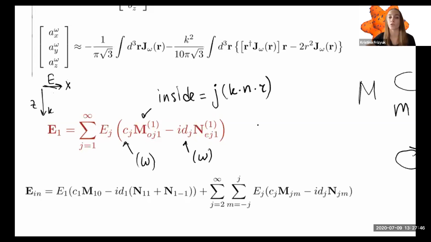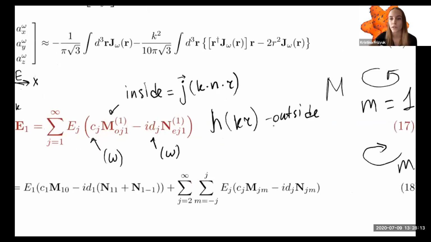And for the scattered field, we should put spherical Hankel functions, just because the first should not be divergent in the center of the sphere, and the latter should behave like an outgoing wave. And maybe you have already heard it.